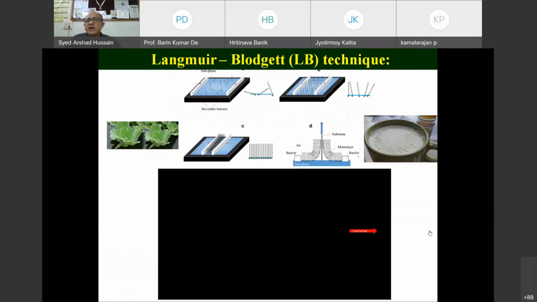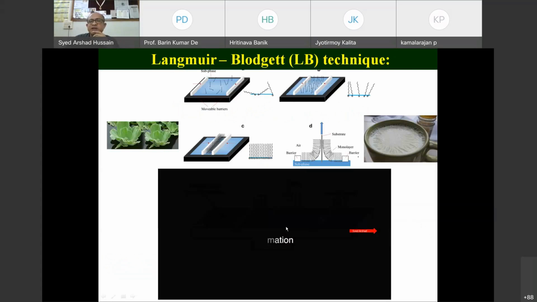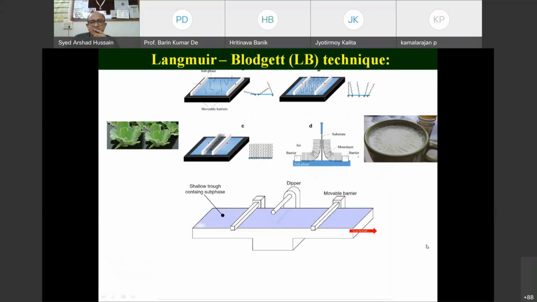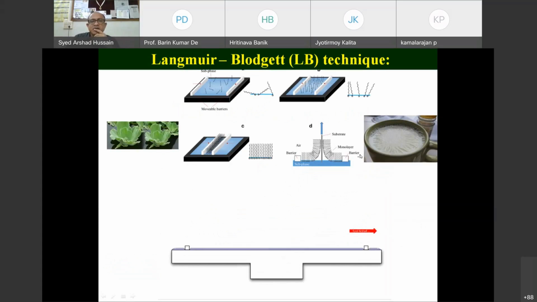Okay, so here is a small animation, you can have an idea about the whole process. You can see here, this is the LB trough. We deposit the solution. You see the solvent evaporates, the molecules remain on the surface. Now we compress the barrier.